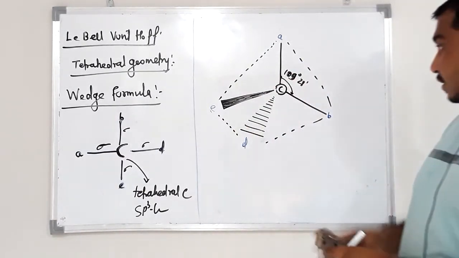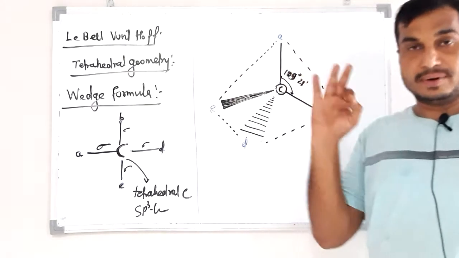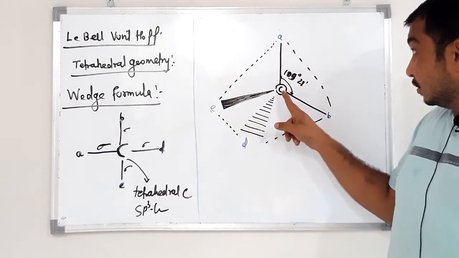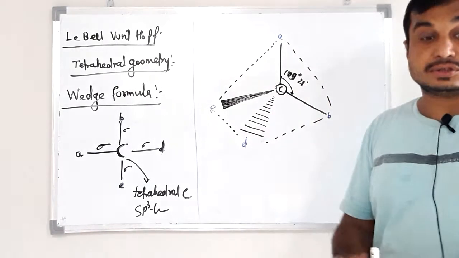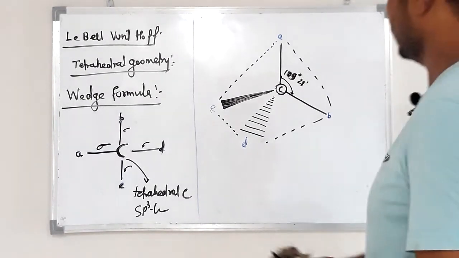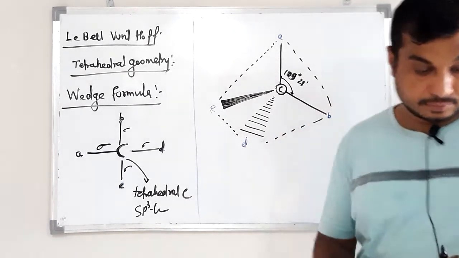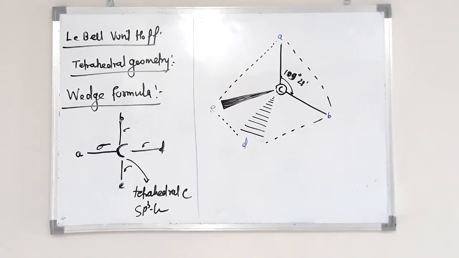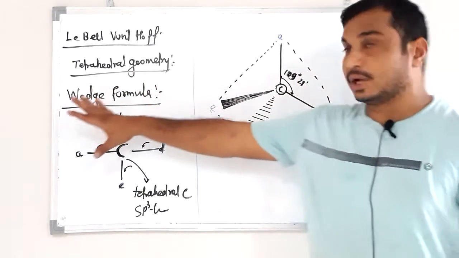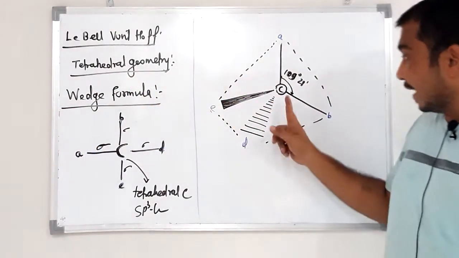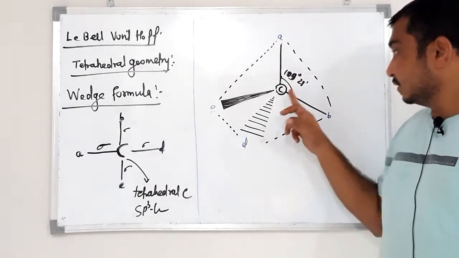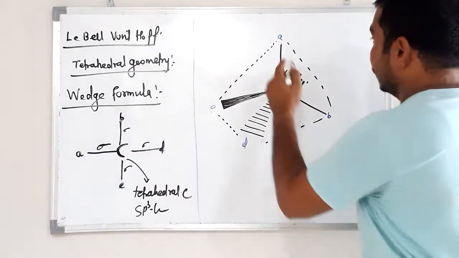What is the meaning of it? See, this carbon is attached to four different atoms, A, B, D and E. In this representation, if we observe carefully, this carbon is attached to A by a simple line, a simple bond.